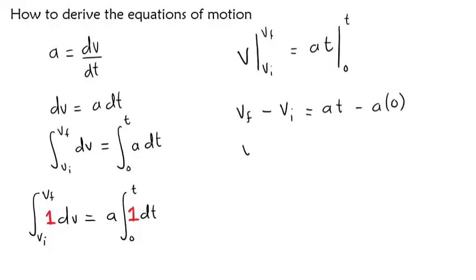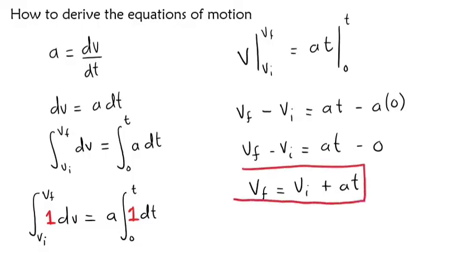So this gives us final velocity minus initial velocity, equals at. This is just a 0. So final velocity is equals to, the initial velocity can cross the equal sign, so it becomes initial velocity plus at. So there we have it. This is the first equation of motion: final velocity is equals to initial plus at.